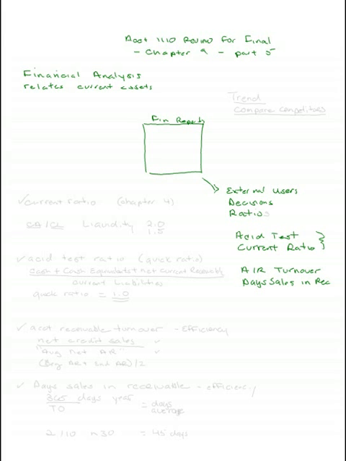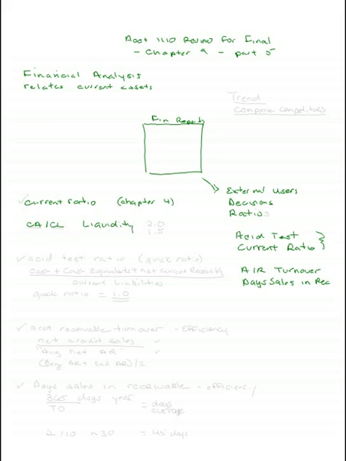I'm going to start with the current ratio so you can remember what we did there. The current ratio is a measure of liquidity, and it takes current assets and divides it by current liabilities. It tells you for every dollar you have in current liabilities how much you have in current assets.